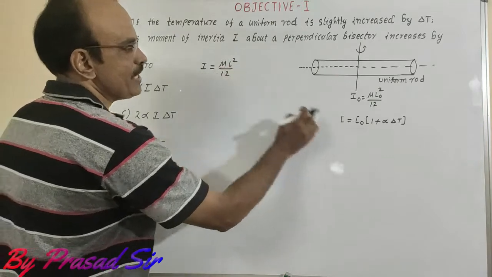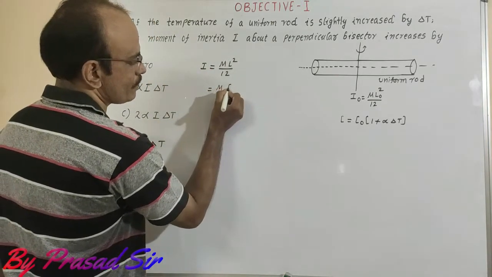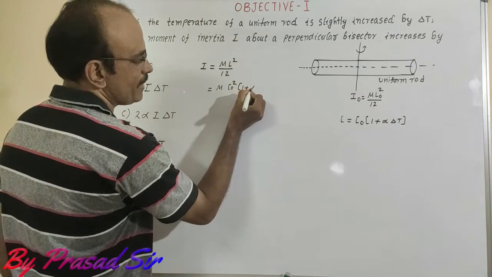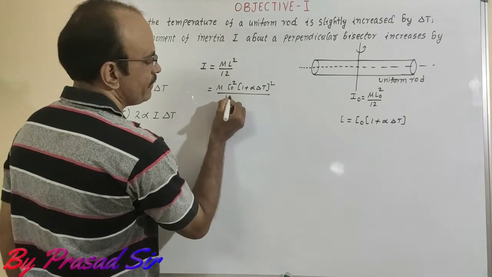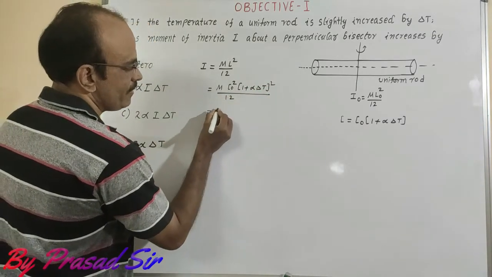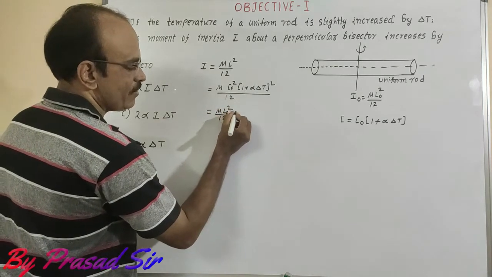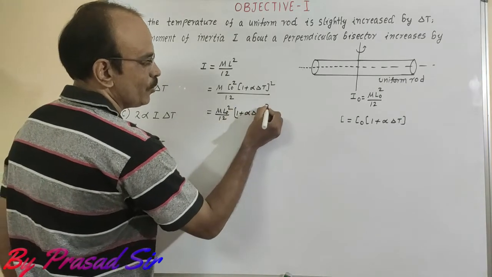Now I substitute the L value: m L naught square times 1 plus alpha into delta T whole square, divided by 12.